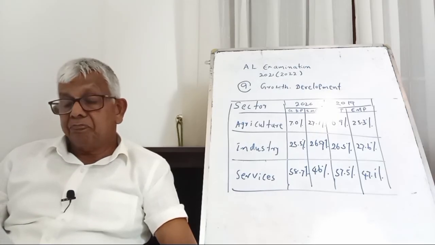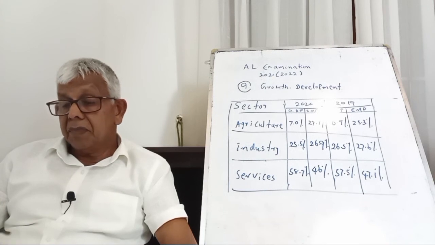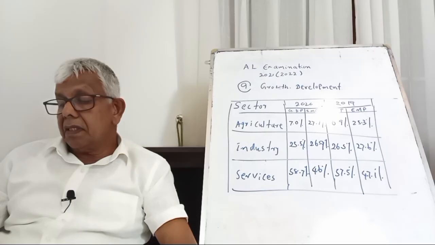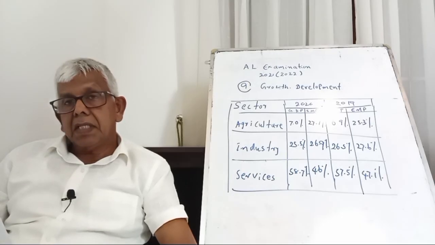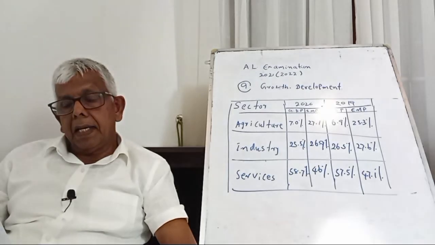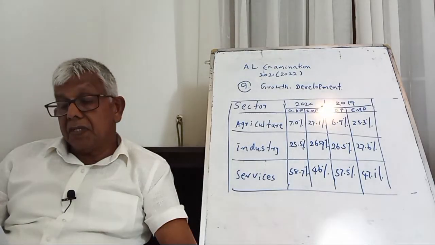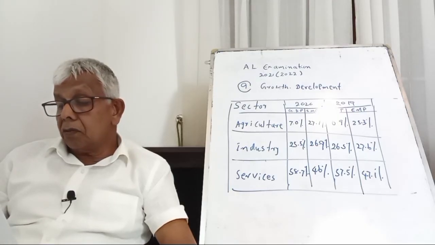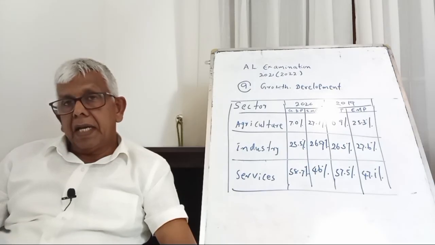Number 3 question. Compare the sectoral compositions of total employment, agriculture, industrial, and service, with the sectoral composition of the gross domestic product of Sri Lanka at present.